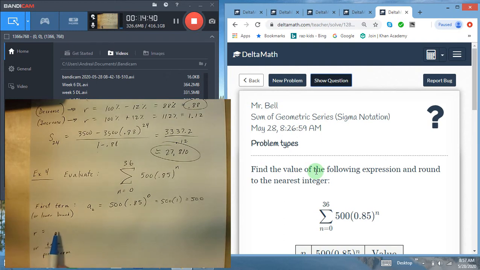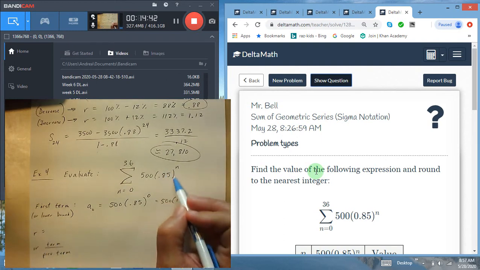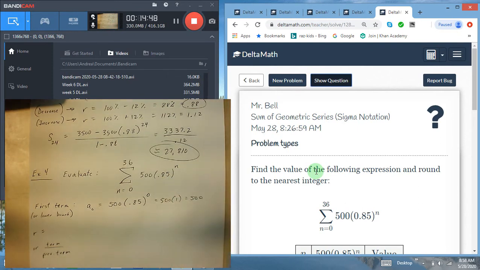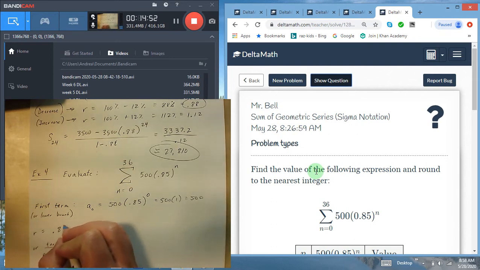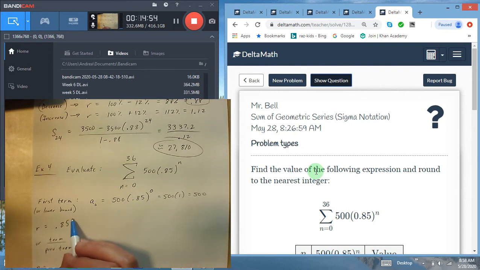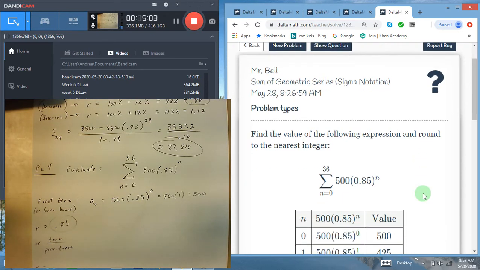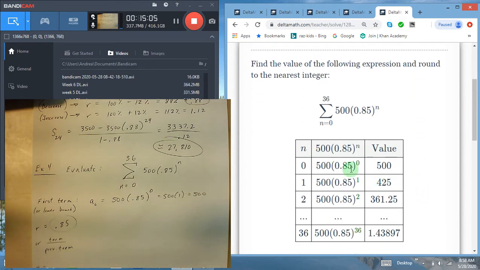What's the common ratio? The shortcut is it's right here. Your multiplier is whatever is in the parentheses being raised to the n or n minus 1 power. So 0.85. But if you're not sure, let me show you one other strategy. Like I said, that's the shortcut. Let me show you what they showed us here on Delta Math. You could just start expanding the sequence. So for example, plug in 0, we get 500 as I just showed you.